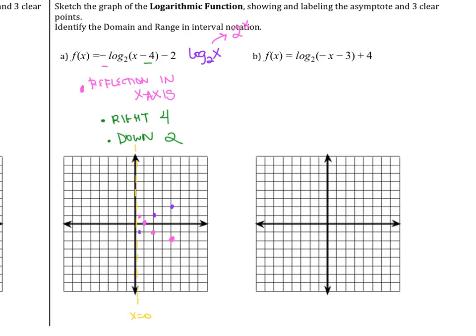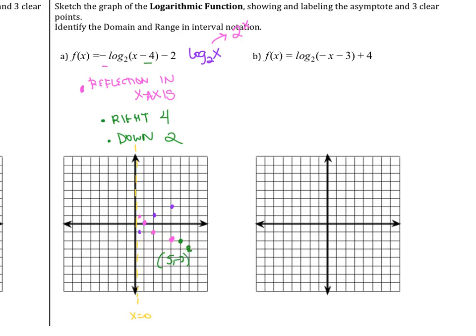Next, I'm going to move everything right 4, down 2. So I'm going to take each of these points, move it right 4 and down 2. Okay, that's my next point there, at 5, comma, negative 2. Then moving each and every one, or just copying the dots. It's up to you, however you see it.